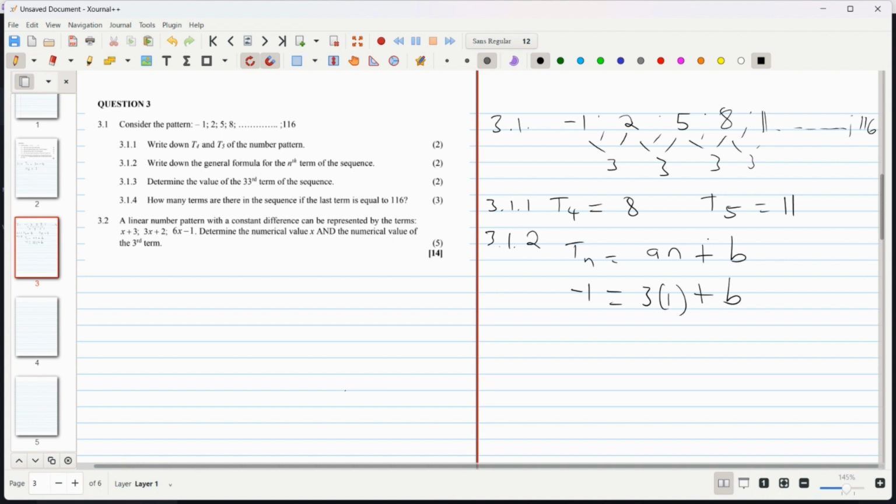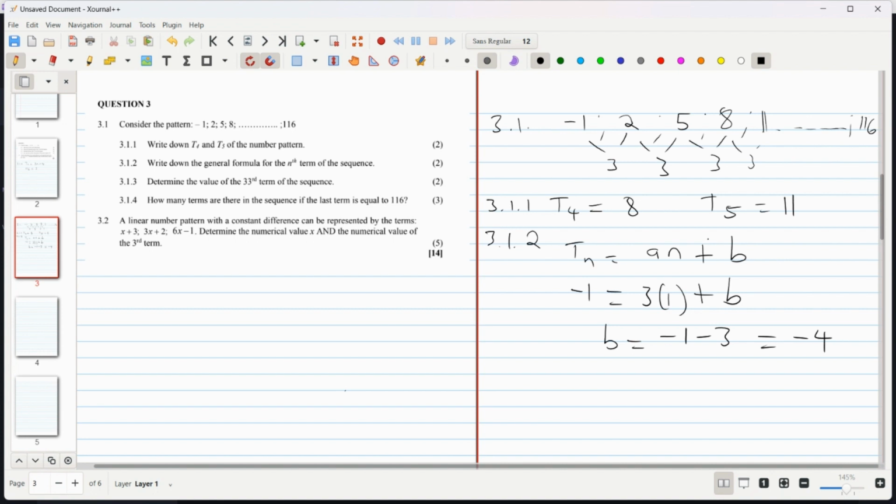We can quickly solve the value for b, because -1 minus 3 (this 3 will be -3 when it goes to the left-hand side), and now we have negative 4.